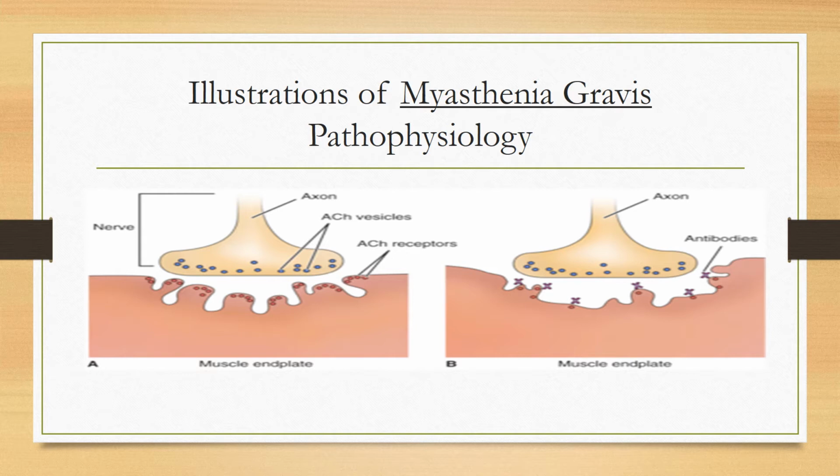So you can see how that can happen with those antibodies. When that happens, we don't have the muscle contraction that occurs. So again, the antibodies form, causing a lack of communication between those nerves and those muscles, hence causing a lack of muscle contraction.